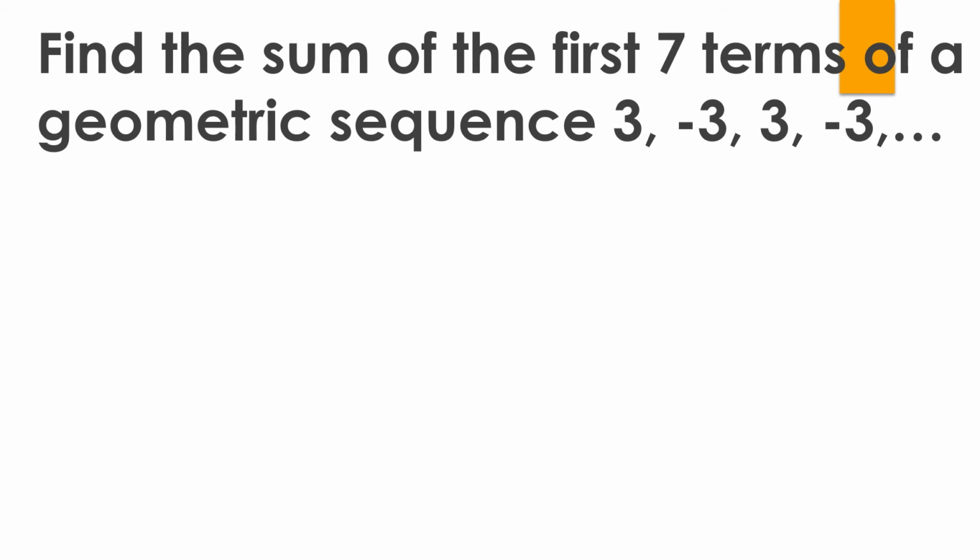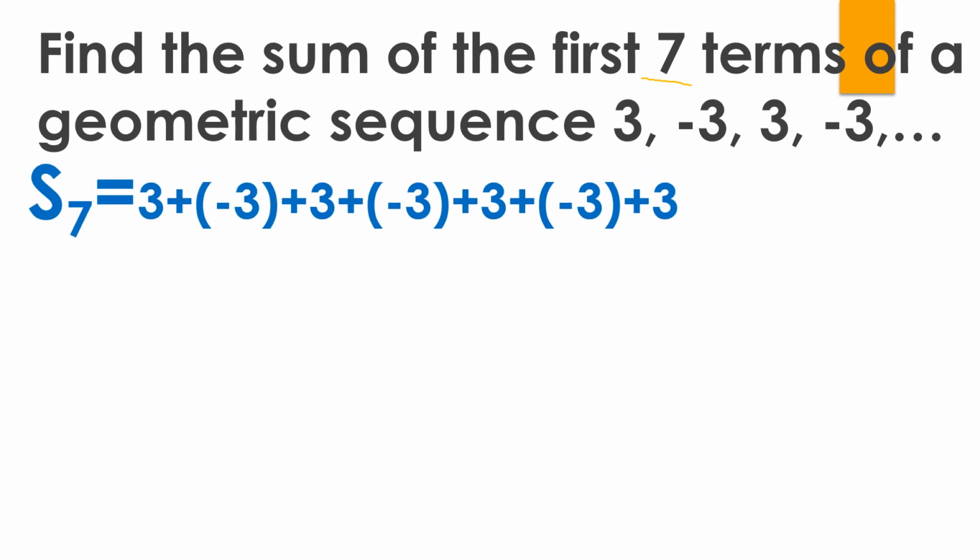This time, let's have this example. Find the sum of the first 7 terms of a geometric sequence 3, -3, 3, -3, and so on. As you can see, the value of n here is an odd number. So, the sum of the first 7 terms will give us this equation. Observe that we have also pairs from this equation, which will give us a sum of 0.